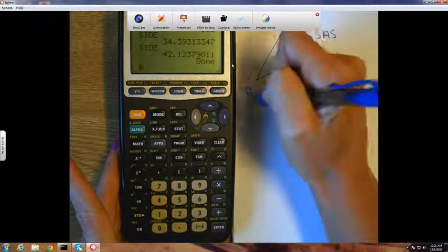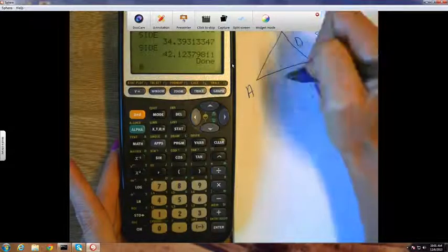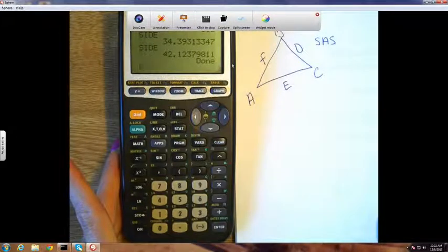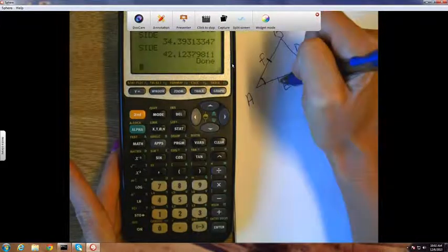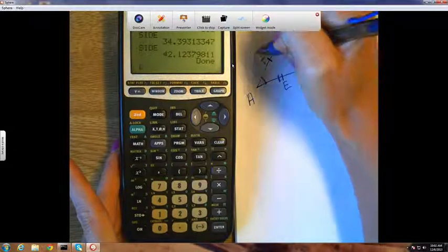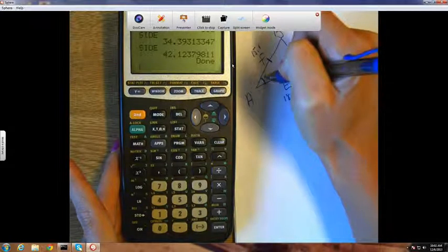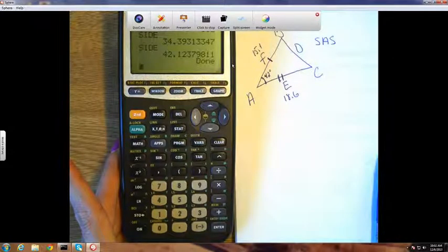Let's go A, B, C, D, E, F. Alright, so we need a SAS. So let's go with F, A, and E are our starting pieces that we know. I'll just throw some numbers on here. 15.1, 18.6, and 42 degrees. Okay, those are the three that we know, so let's input those.